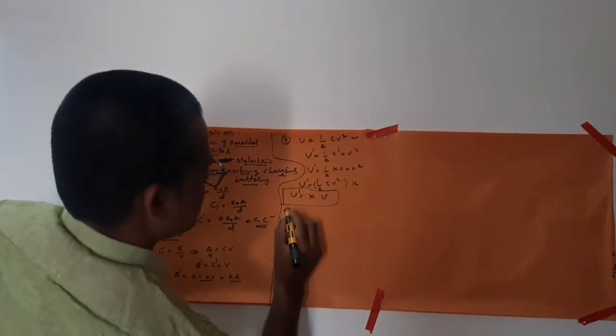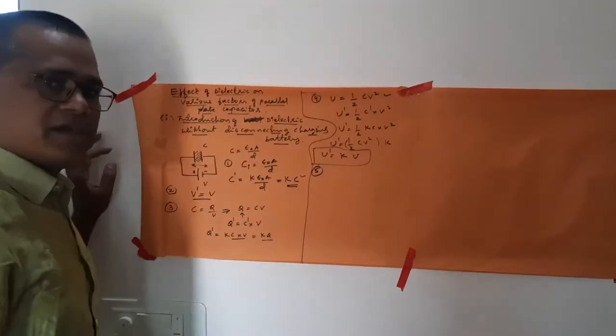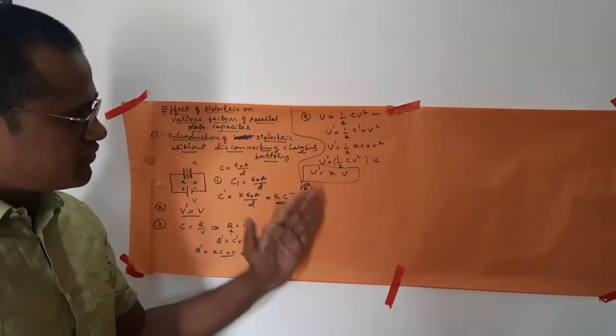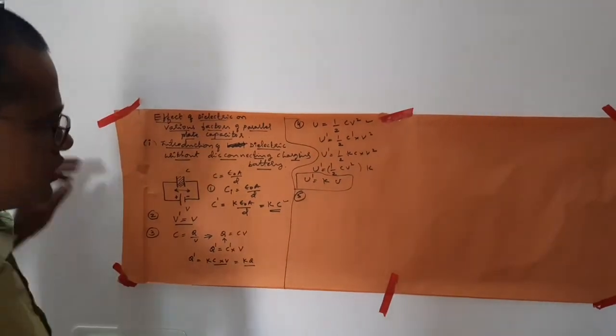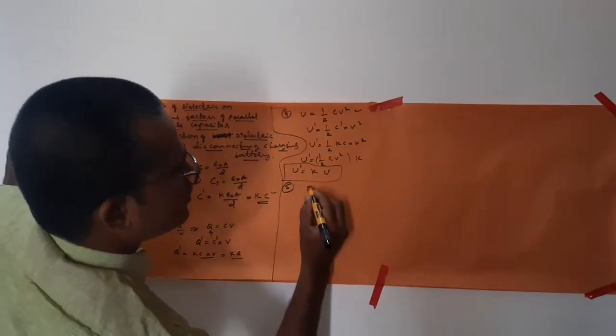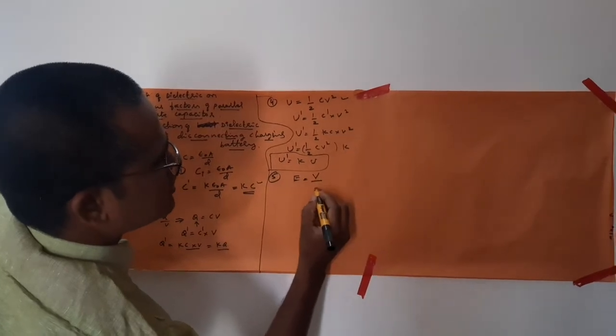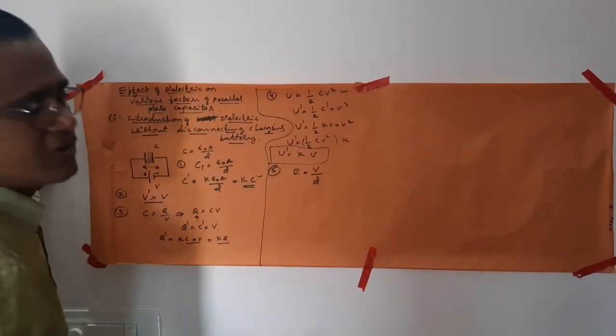Now let us see the effect of the dielectric on the electric field. The electric field formula we know: E is equal to potential difference divided by d.